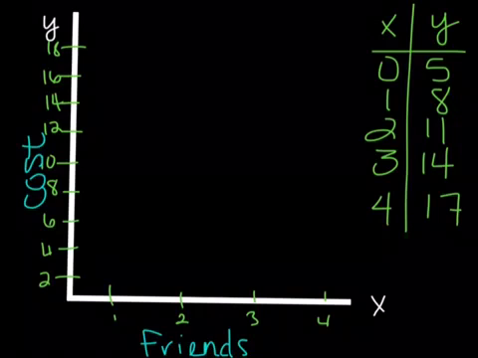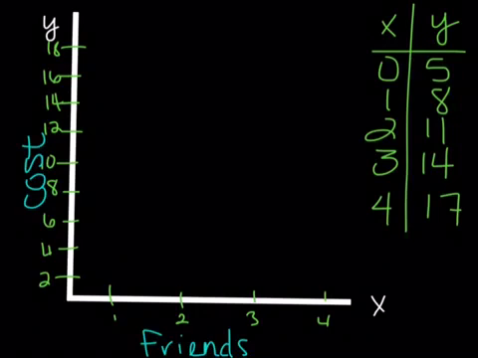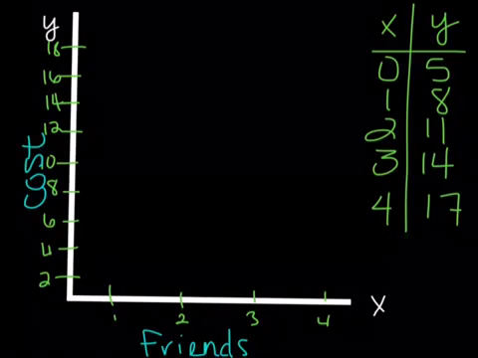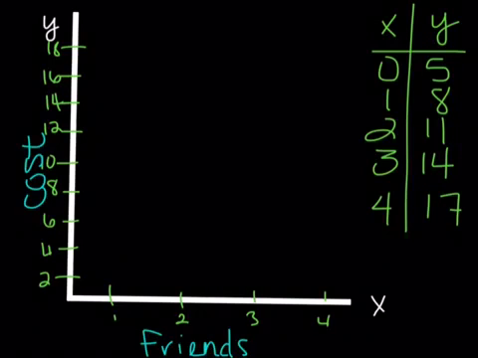Notice on my y, I counted by 2s. That's because my 5s would have been way too big, and I did not want to draw 17 lines, so I made it a little bit easier on myself and counted by 2s. So the last thing for us to do is just graph our points. My first point is 0, 5, so I'm going to go over 0, up 5, draw my point.